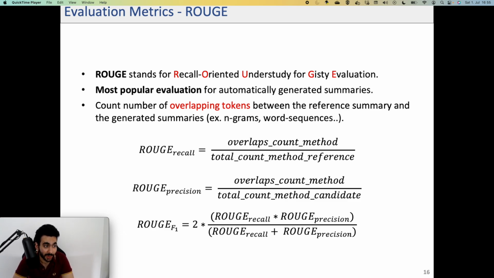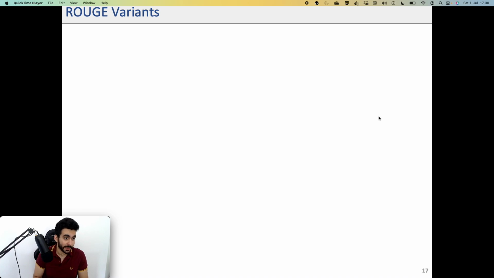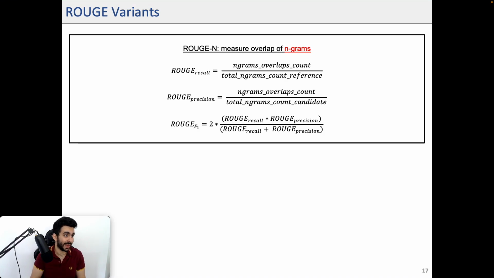Again, we're talking about recall, precision, and F1. So recall is overlap over reference, precision is overlap over candidate, and F1 is the F1 score calculation between the recall and precision, the mean between them. Different ROUGE variants. Let's see how they are.